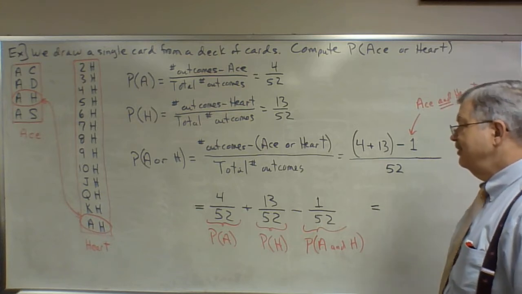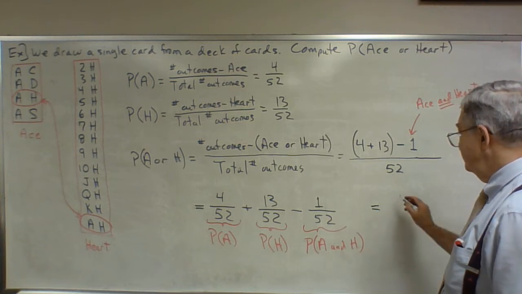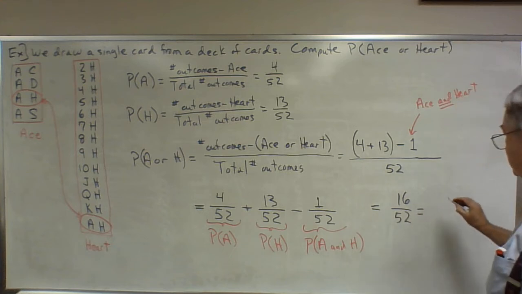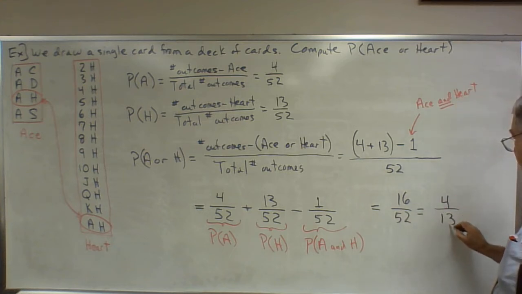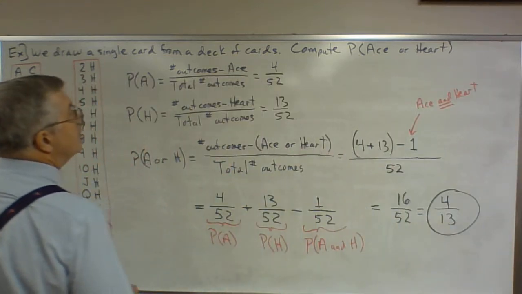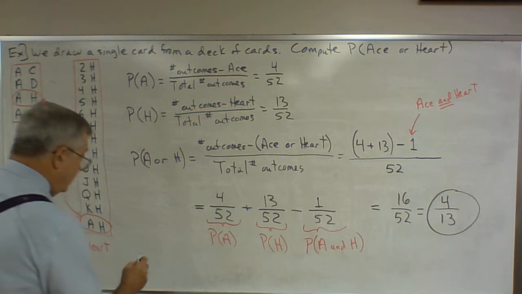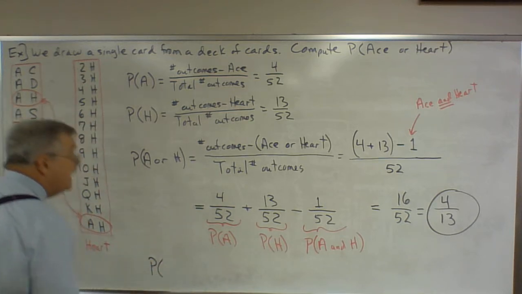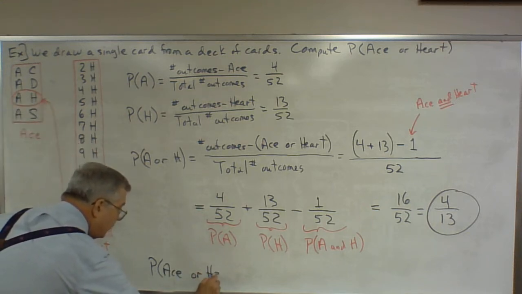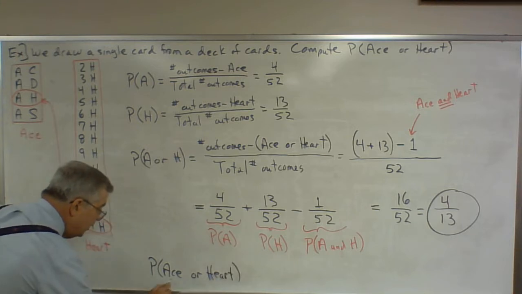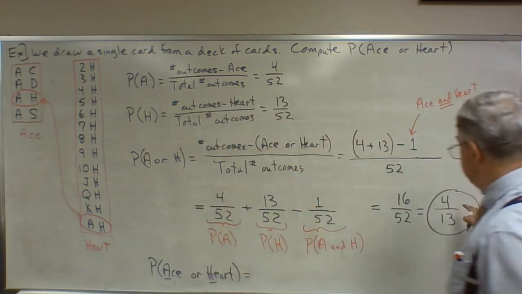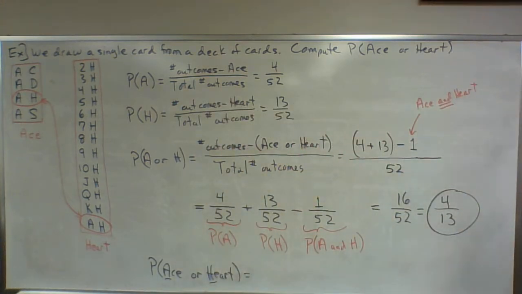So 4 plus 13 is 17, minus 1 is 16 over 52, which is 4/13. Probability that we get an ace or a heart, that's 4/13.